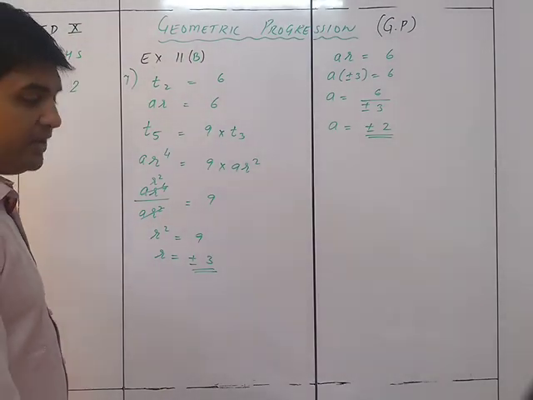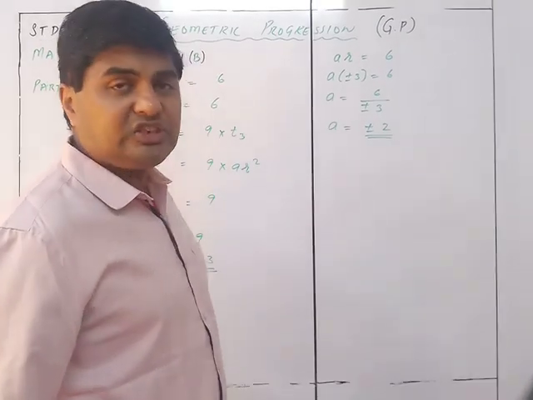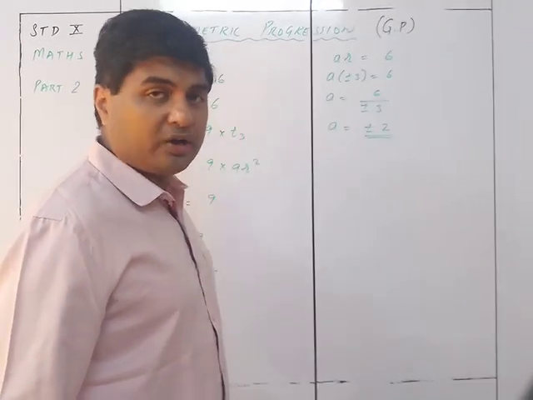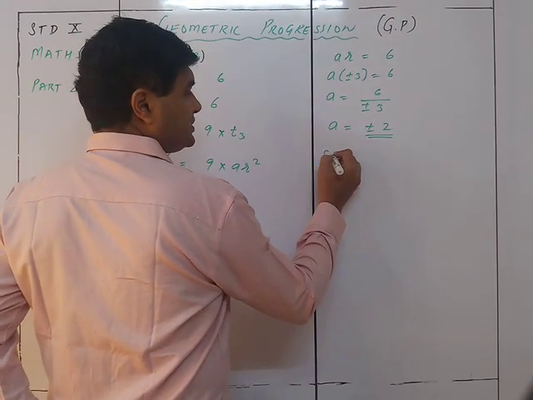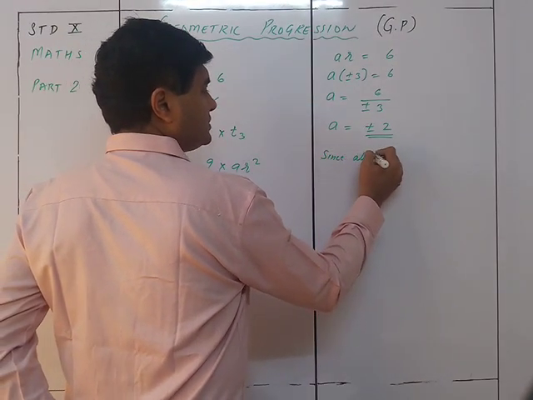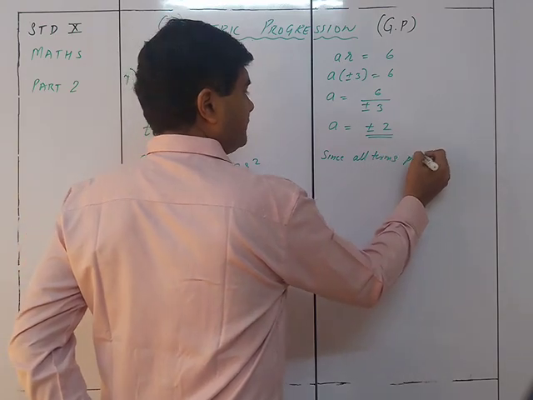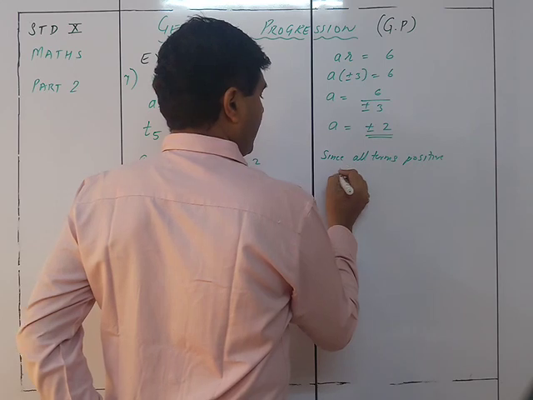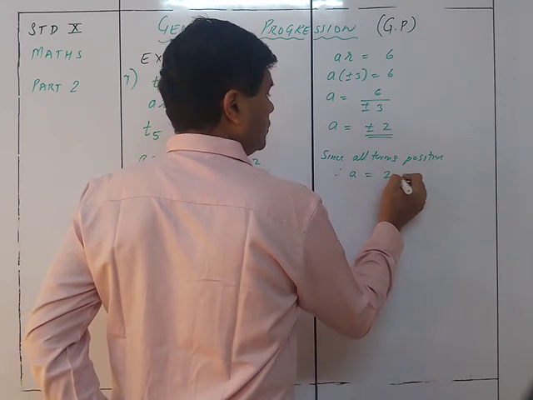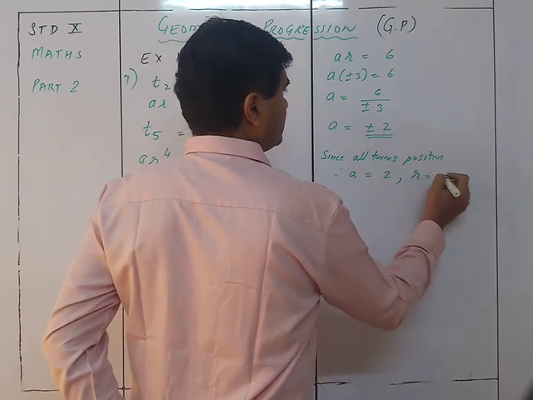Now they have given you over here that each term of the GP is positive. That's why, since all terms are positive, therefore A is equal to 2 and R is equal to 3.